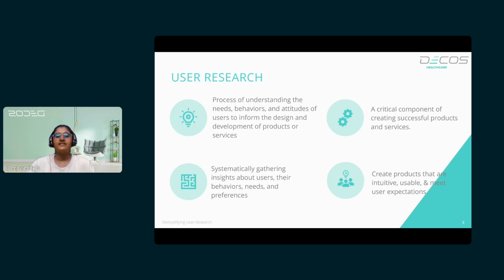Basically, it involves systematically gathering insights about users, their behaviors, needs, and preferences to inform design decisions. By understanding users' perspectives early on, we can create products that are intuitive, usable, and also meet user expectations, ultimately leading to higher user satisfaction and product success.